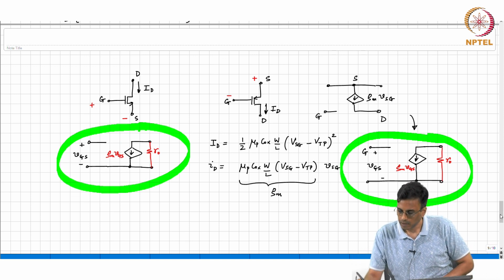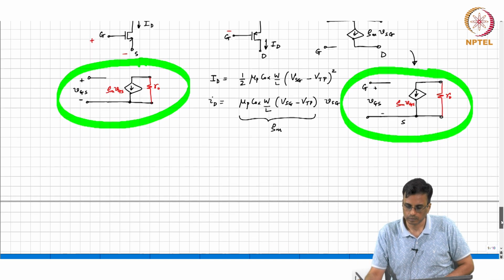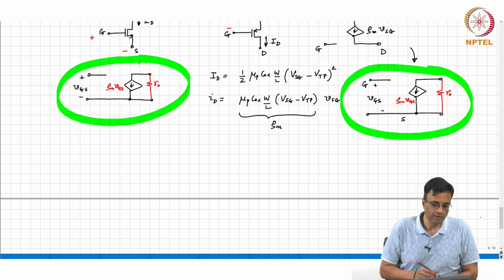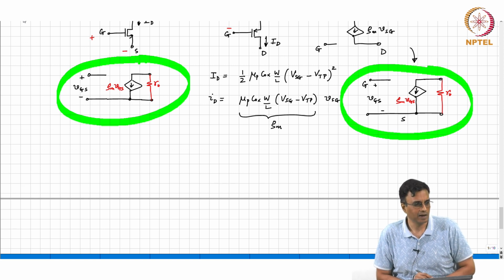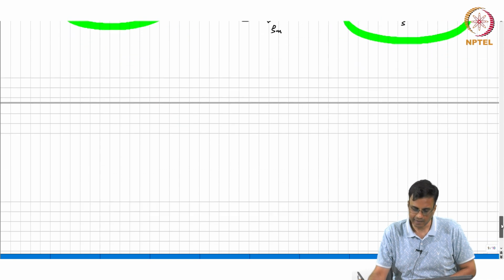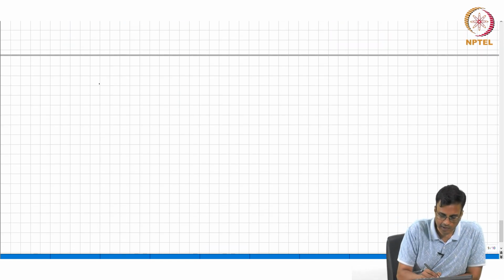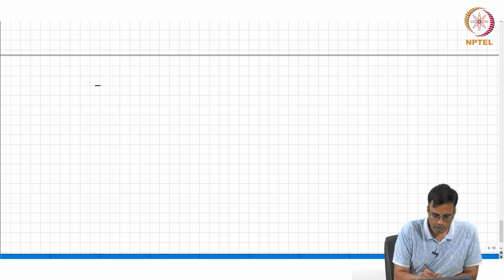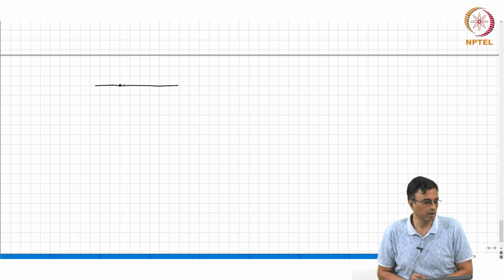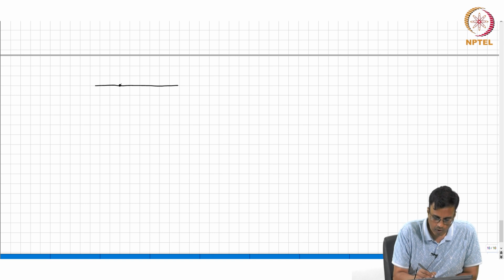Okay. Now that we've seen the basic incremental equivalent circuit, we start making amplifiers like we did in the NMOS case. Let's start with the simplest one, that's basically the common source amplifier. So, what is the first bias technique that we use to make the common source amplifier? Resistor divider.